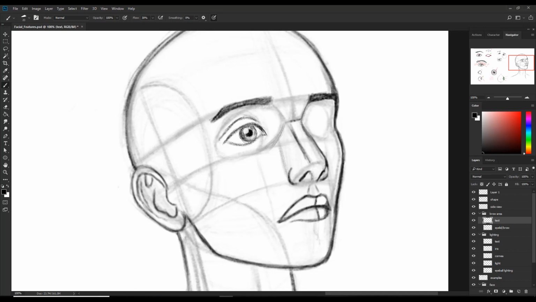We can create some shadows from our eyelid. And there is our eye applied to our face.